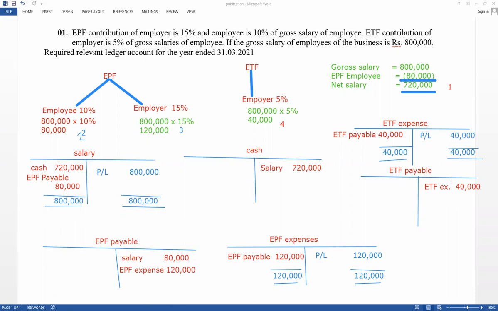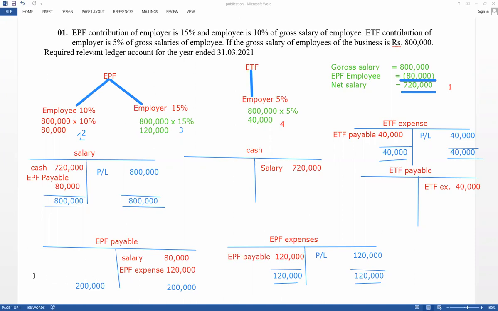As well as EPF payable account and ETF payable account, those are liability accounts. Therefore, EPF payable and ETF payable balance should be carried down. Credit side increase, take total value of credit side. Credit side total value equal to 1,000 and take that value to the debit side. Difference value as a balance carried down.